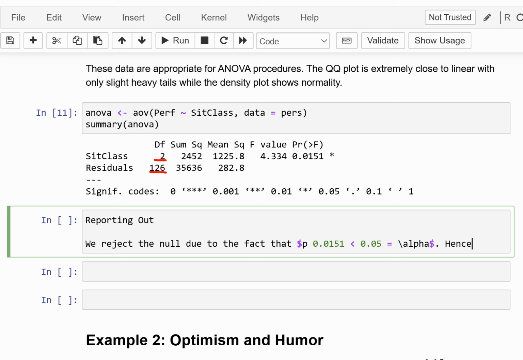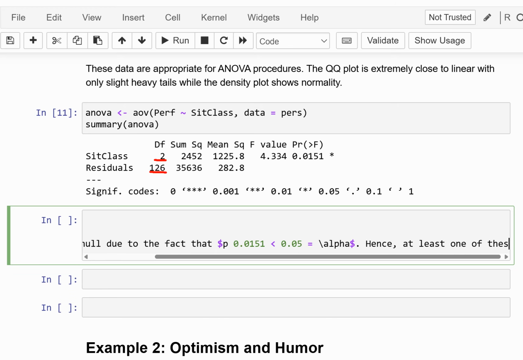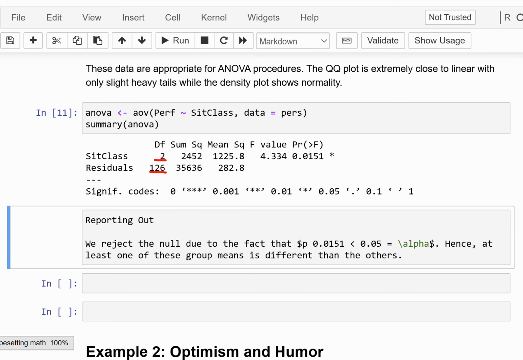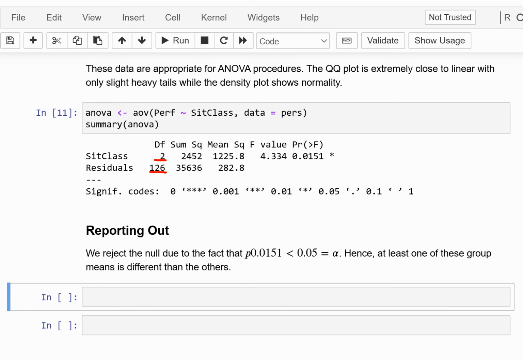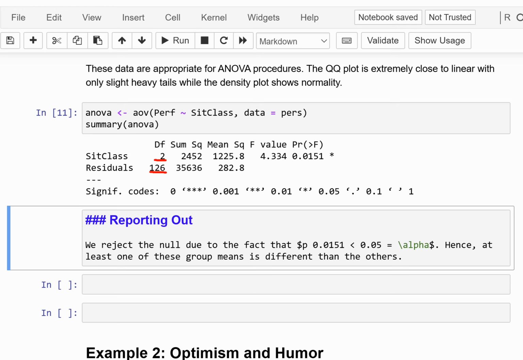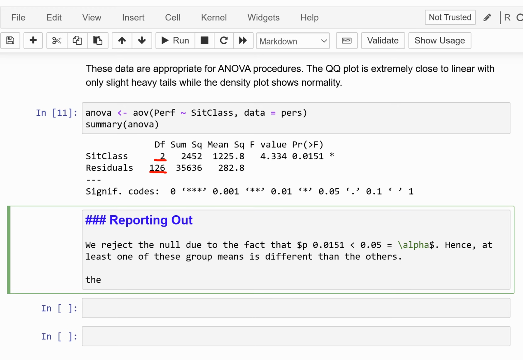Hence, at least one of these group means is different than the others. Okay? One of these is not like the others. And the reporting out, there we go. What does this mean? This means that, therefore, I will conduct a post hoc Tukey HSD.